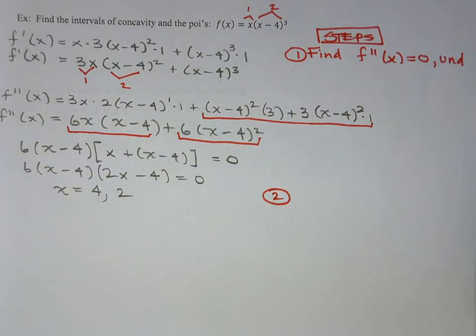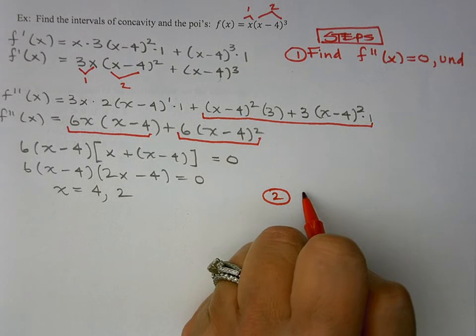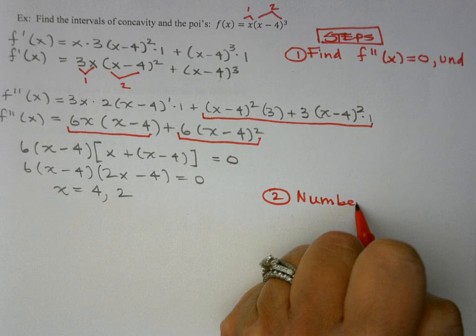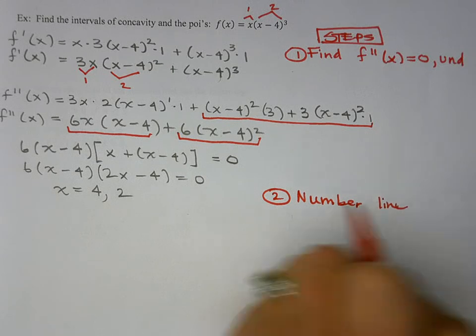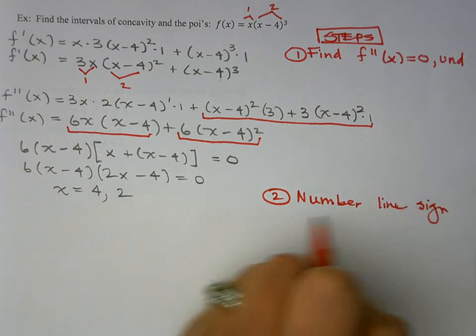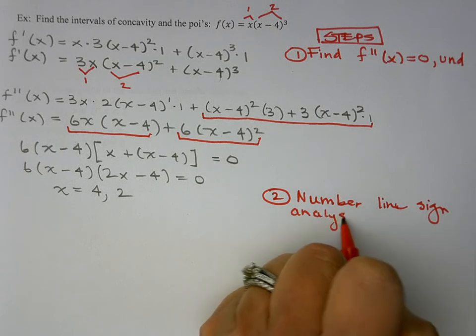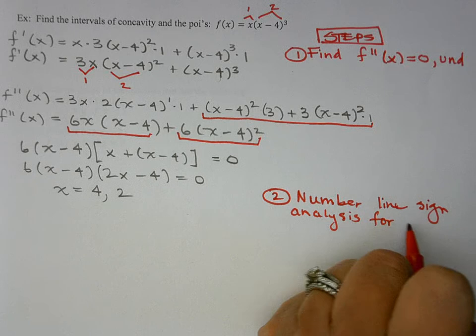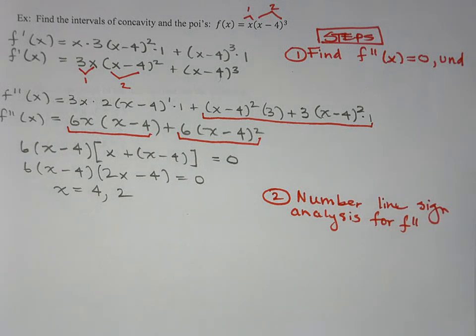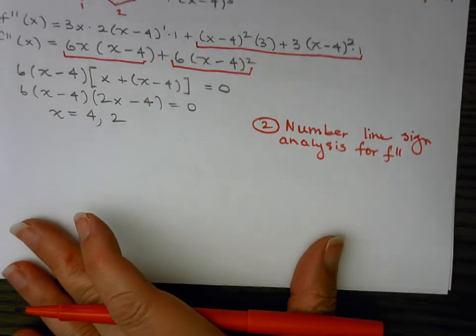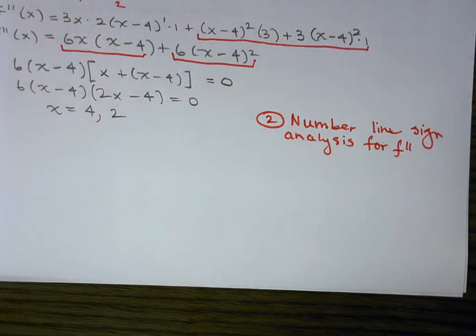So now I'm moving on to step 2. So I'm going to do a number line sign analysis, but for the second derivative. Okay, so a lot like what we did in the previous objectives where we were doing the sign analysis, but for f prime, right?